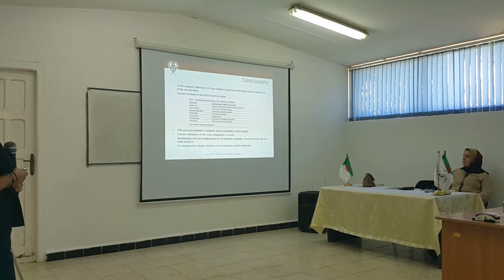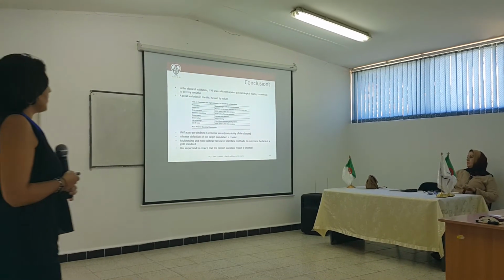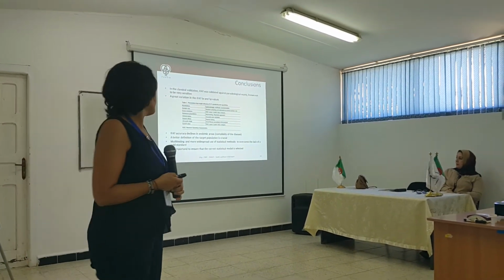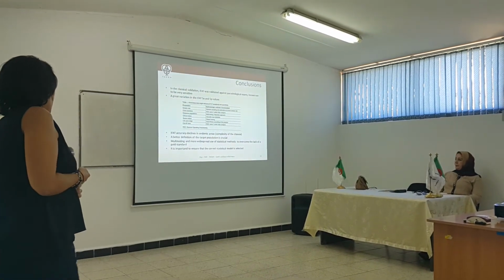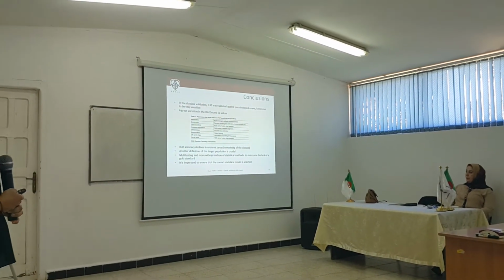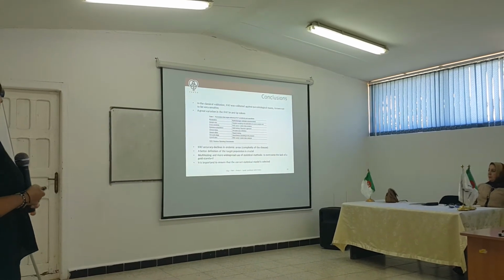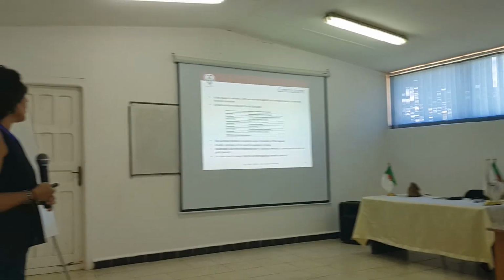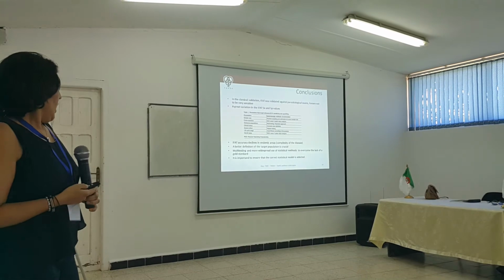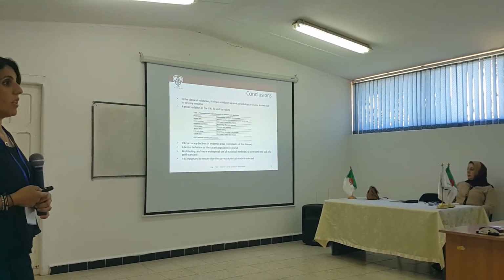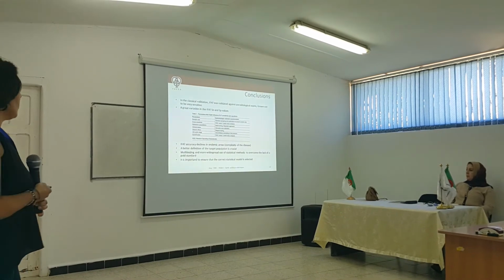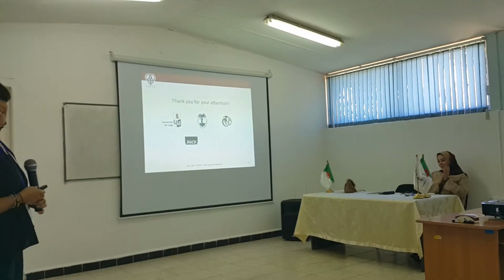EFAT accuracy declines in endemic areas because of the complexity of the disease. A better definition of the target population is crucial, and multi-testing and more widespread use of statistical methods are important to overcome the lack of a gold standard. Finally, it is important to ensure that the correct statistical model is selected. Thank you for your attention.